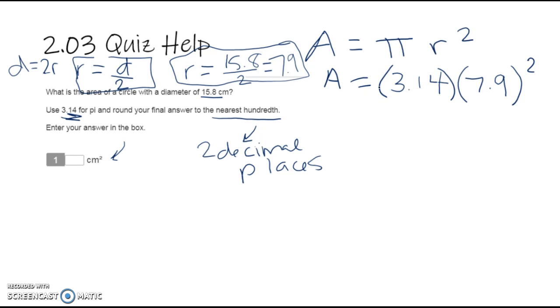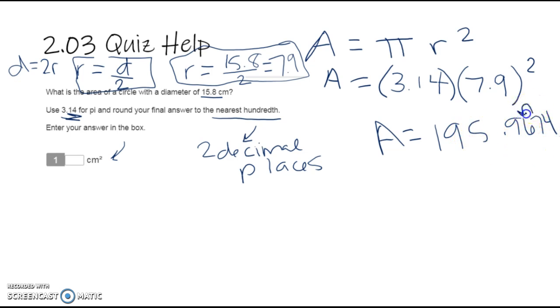Now you can use your calculator again, and you're just going to multiply this. 7.9 squared, or 7.9 times 7.9, times 3.14. And you will get area is equal to, your calculator is going to spit out 195.9674. They want you to round to 2 decimal places.